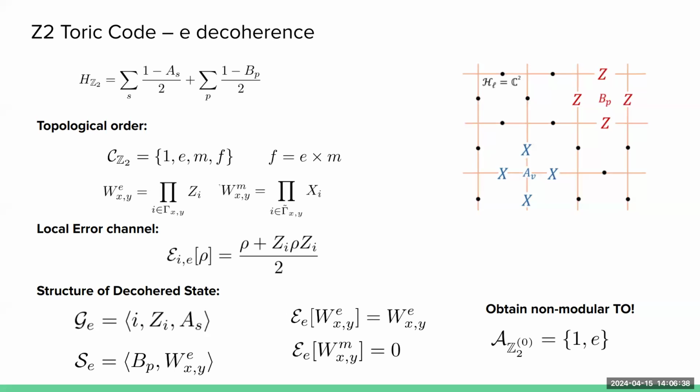So the anyon theory which corresponds to this subsystem code is precisely a non-modular topological order described by the so-called Z2 theory. So this supports just the vacuum and this electric excitation. Here, this is non-modular because the E is a bosonic excitation, and so it cannot detect itself since it's the only anyon in the theory. So it's in this sense where one can say that this purely decoherent state is still in some sense intrinsically mixed topological order.